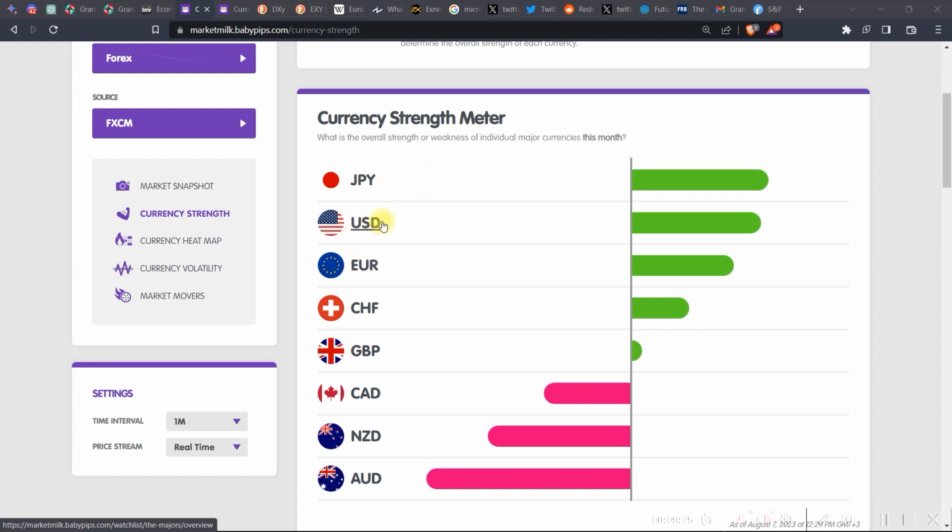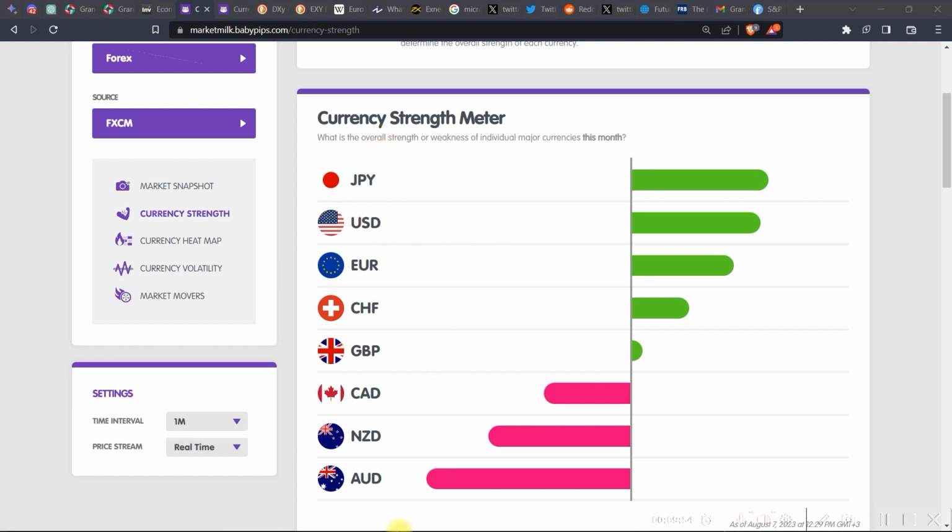The US dollar, the Federal Reserve, they hiked rates in July, and their currency is gaining some strength due to the high rate environment in the dollar. The euro is another very strong currency because the ECB, the European Central Bank, hiked rates recently also, and they say they are not close to getting the job done.